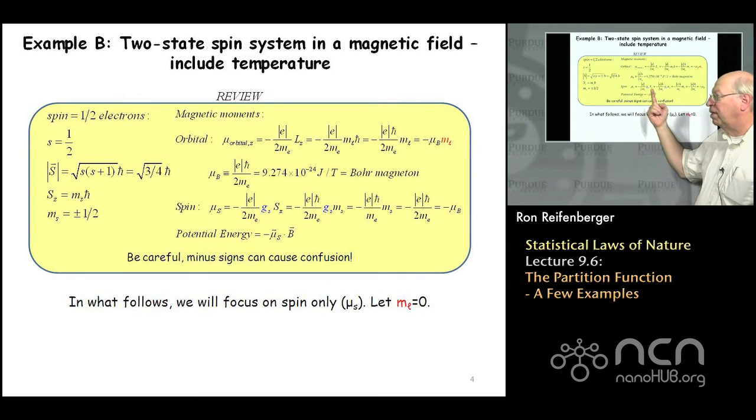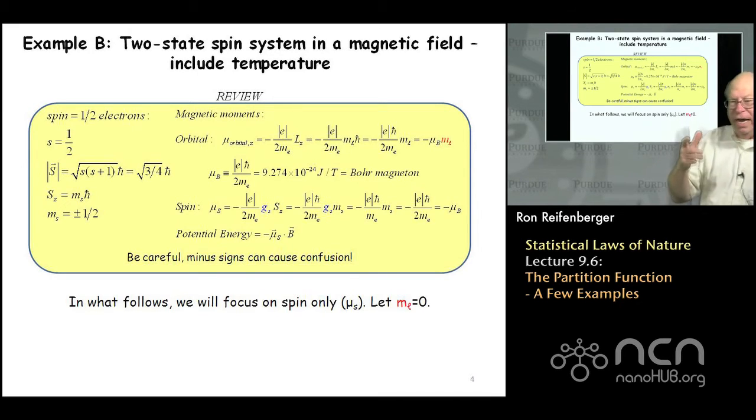The intrinsic spin of the electron contributes to a magnetic moment by the z component of that spin. There's a g factor that's associated with this calculation. That g factor is essentially equal to 2.0. And when you work through the arithmetic, you find out that the spin of the electron contributes a magnetic moment that's just equal to the Bohr magneton for the electron.